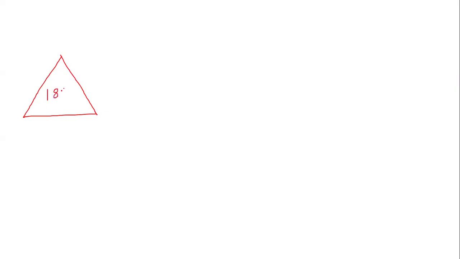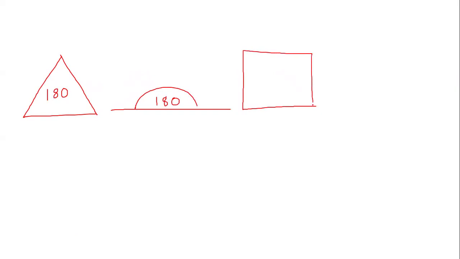We already know that angles on a straight line at a common point add up to 180 degrees. We already know that angles in a quadrilateral add up to 360 degrees.